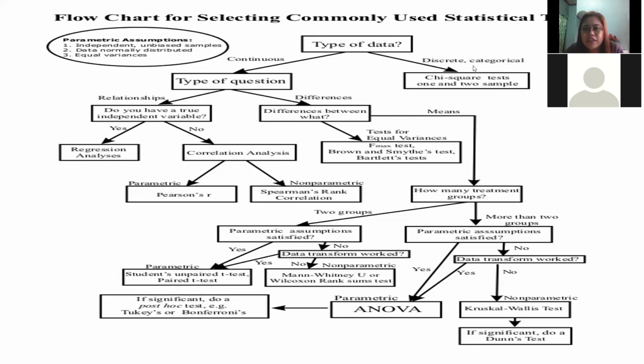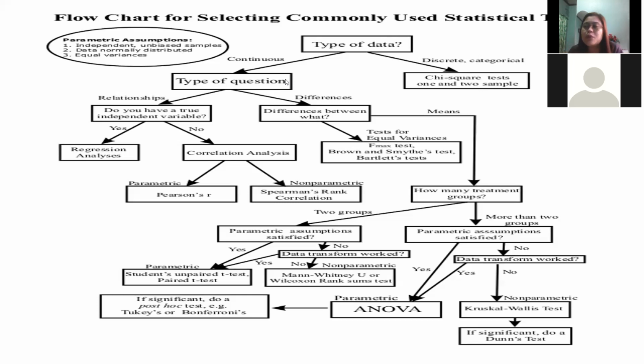So if you look at your data and it's nominal or it's ordinal, then you may use the chi-square test either for 1 and 2 samples. So that's automatic if it's nominal or ordinal. Even if it's 1 sample or 2 samples, then chi-square tayo. But if you look at your data and it's interval or ratio, then dito tayo.